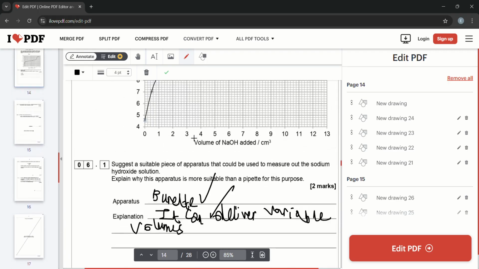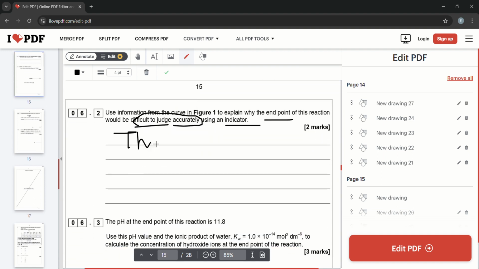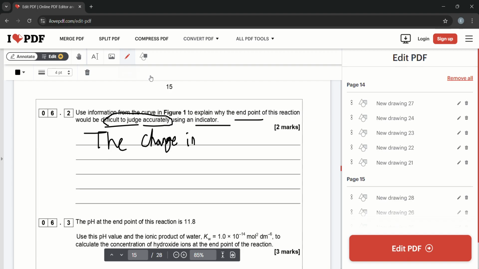The change in pH is very, very gradual. So we can say the change in pH is gradual.